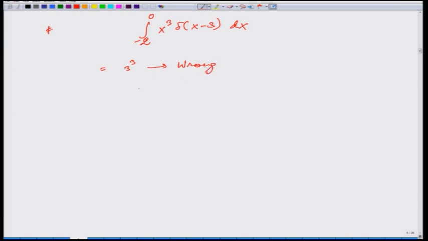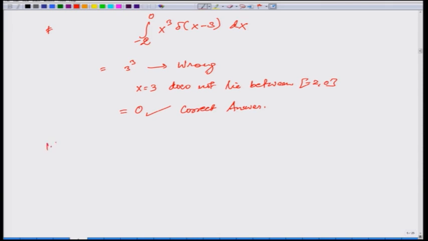The reason being that x equals 3 does not lie in the interval specified, that is from minus 2 to 0. So that's why it is 0. The correct answer is 0. So while making the substitution of the value of the delta function, be really careful with the interval of the integral: the value where the delta function is centered should lie within that interval, otherwise it will be 0.